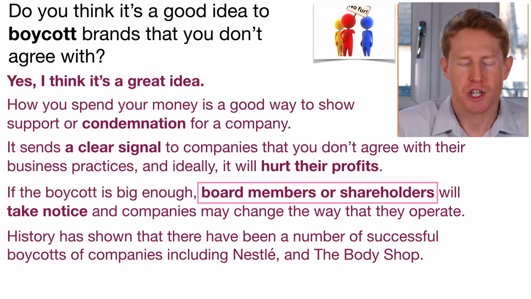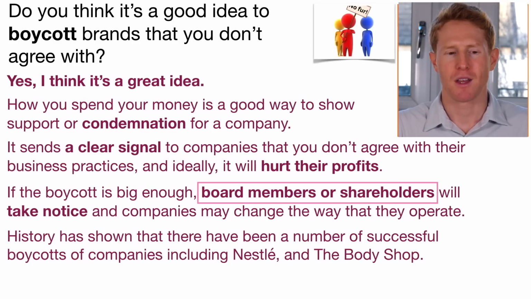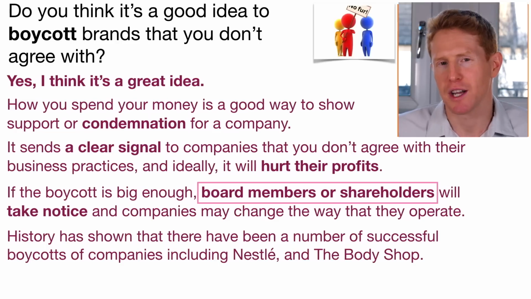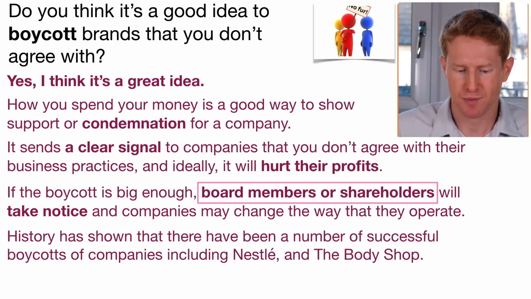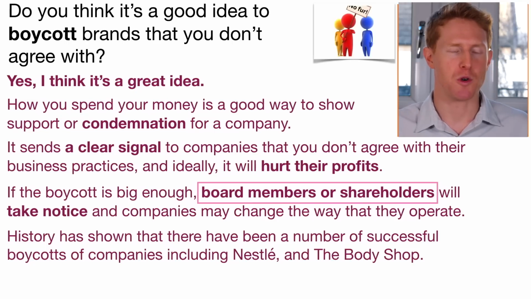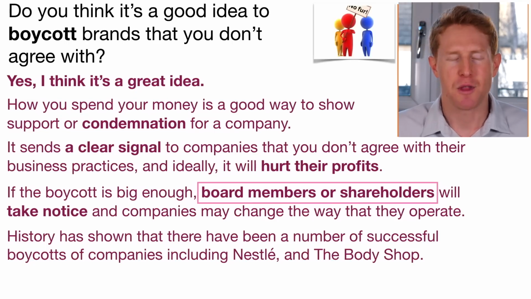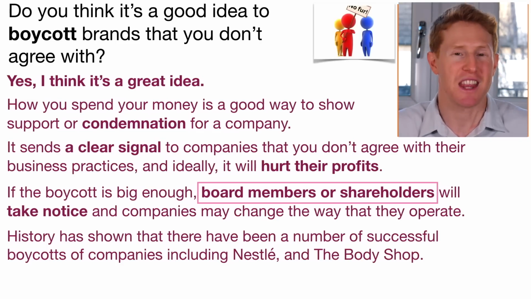Board members or shareholders. So often very large companies have a board of trustees, so people that look out for the company and make decisions, high-level decisions about the company. And shareholders are people who typically hold a lot of shares and stock in that company. So these people are very interested in that company getting lots of profits because it makes them richer.